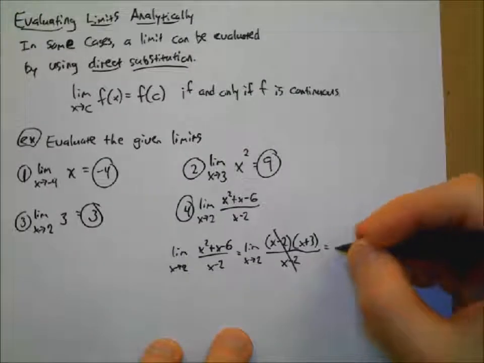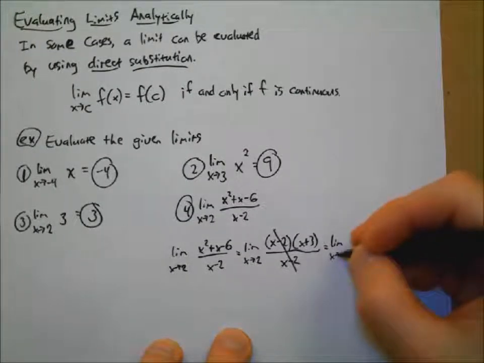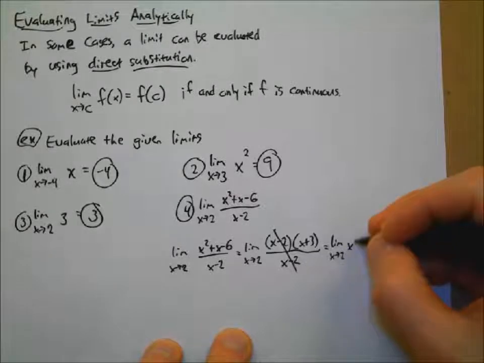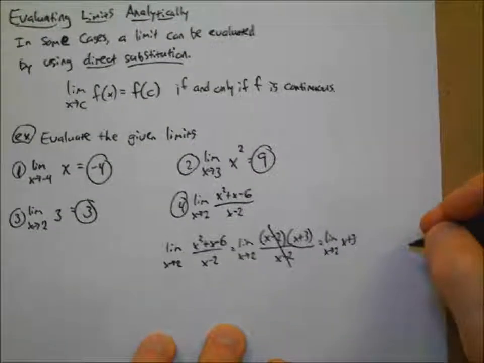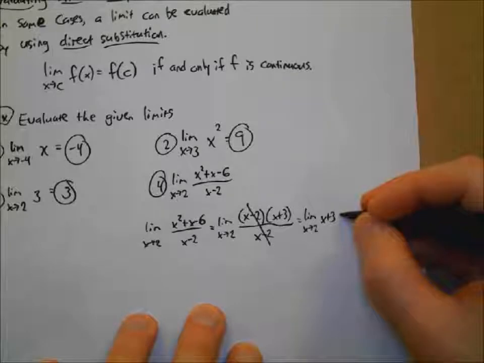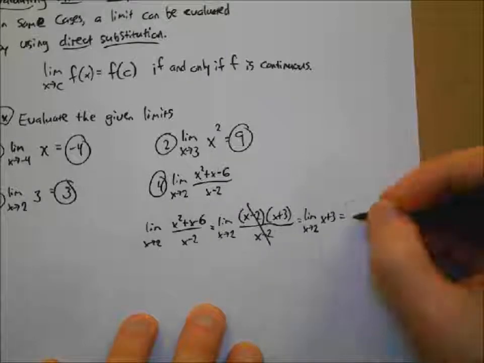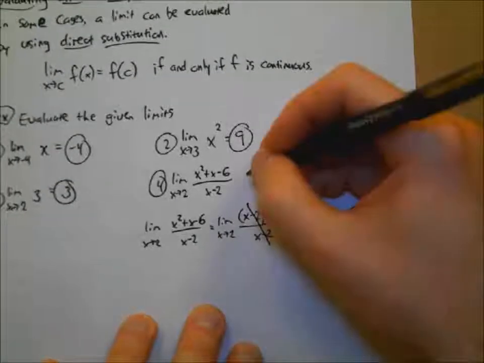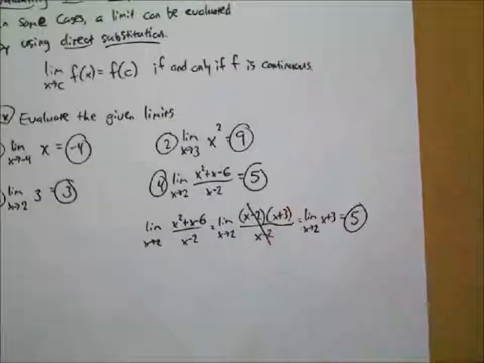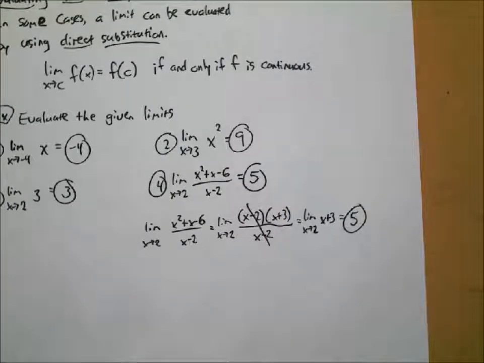And then the limit as x approaches 2 of x plus 3. So what's this limit? Careful, x is approaching positive 2, so 5. So the answer here is 5.